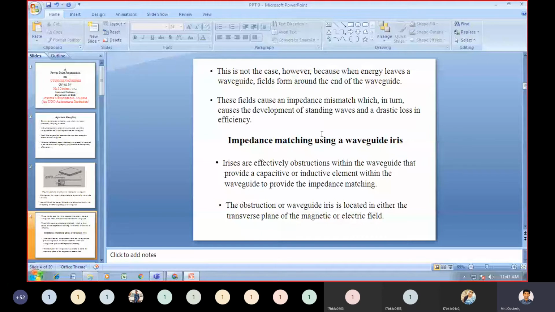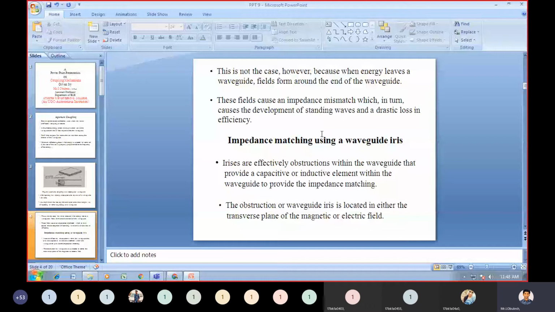These fields cause an impedance mismatch, which in turn causes the development of standing waves and a drastic loss in efficiency. If the impedance mismatch happens in the fields, and in turn standing waves, what will happen? Some losses in efficiency will happen.